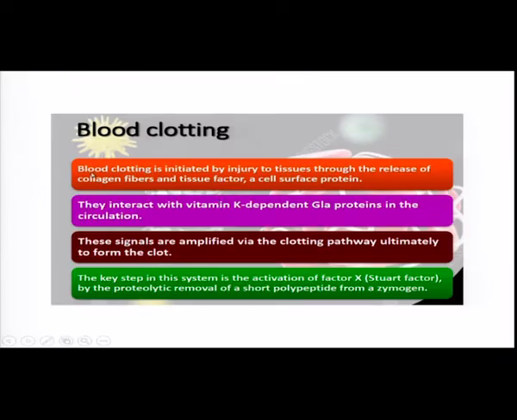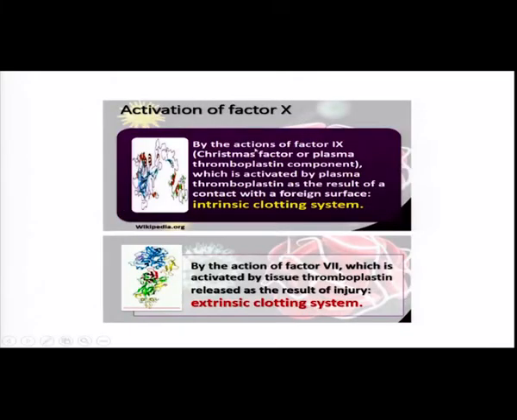Okay, so the key step is the activation of factor 10, Stuart factor as we call it, by proteolytic removal of a short polypeptide from a zymogen. So you see there the Stuart factor, the 10th factor, is basically the key trigger. So we look over here. The action of factor 9, which is basically the Christmas factor.